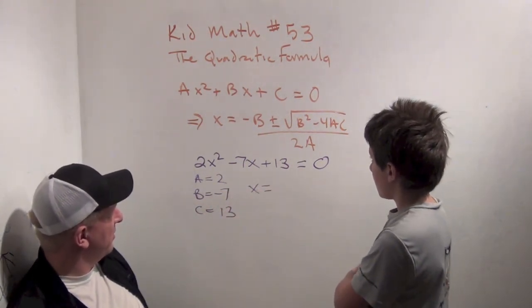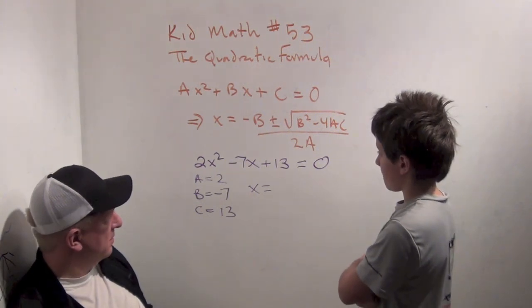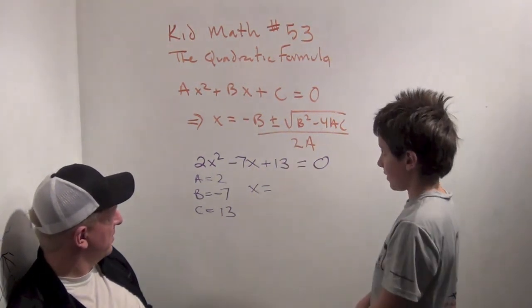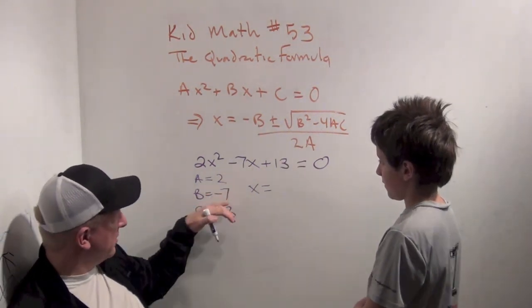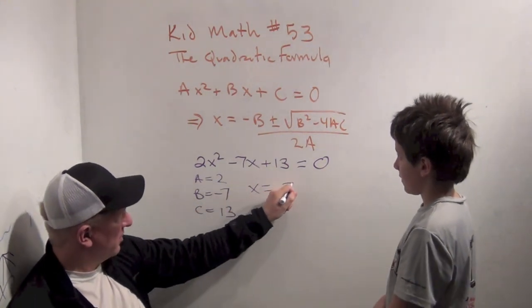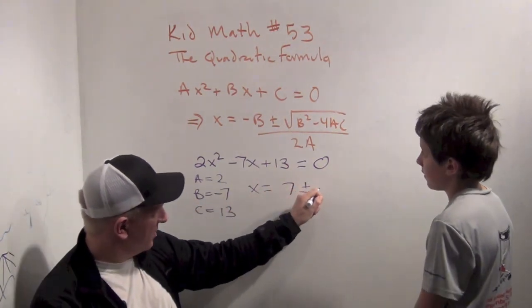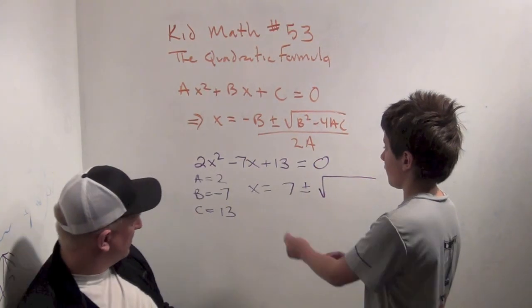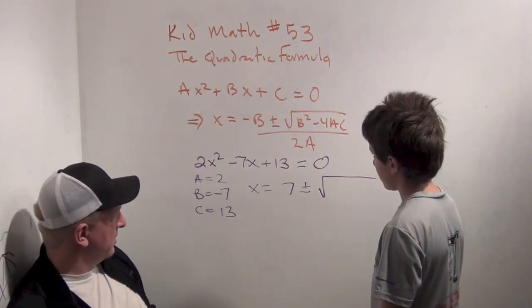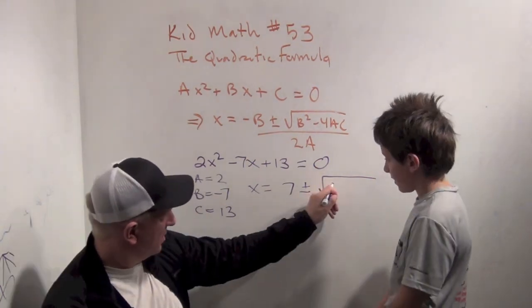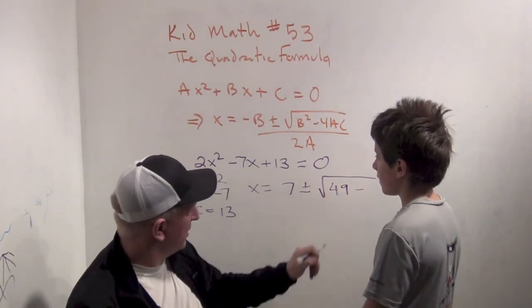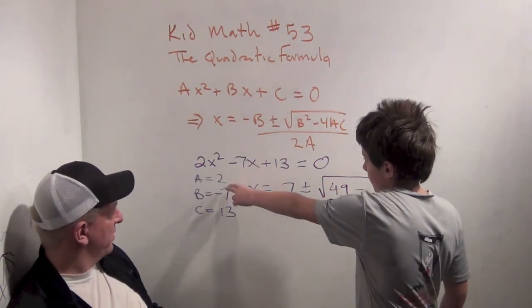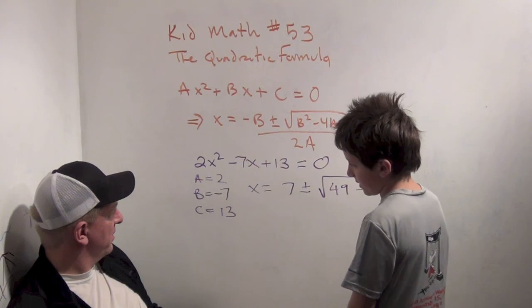Okay, so the solution is x equals what? What's the first part? Well, we have minus b. So minus b is minus minus 7, so it's 7, plus or minus the square root of 49 minus 4 times 26.